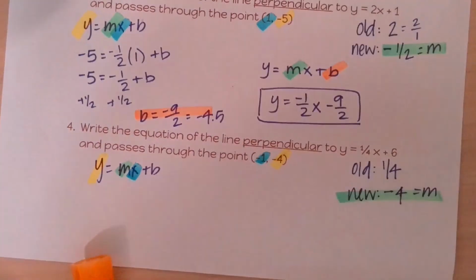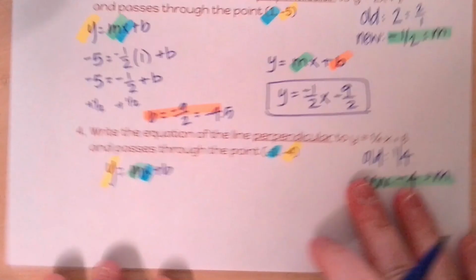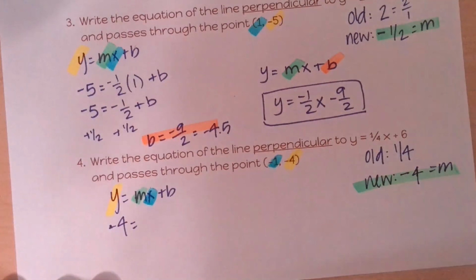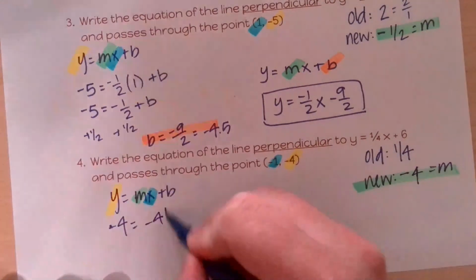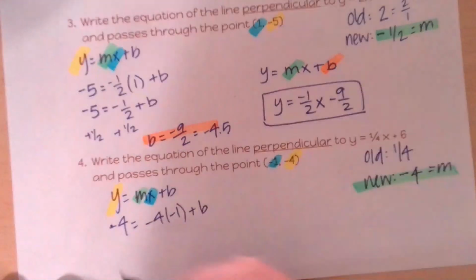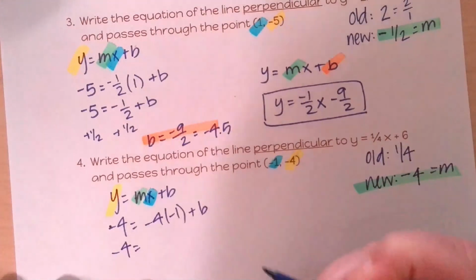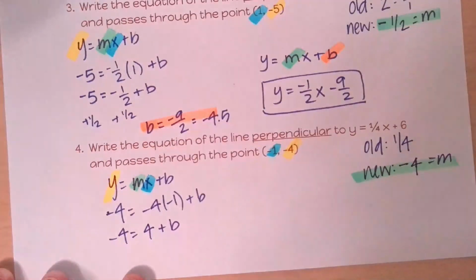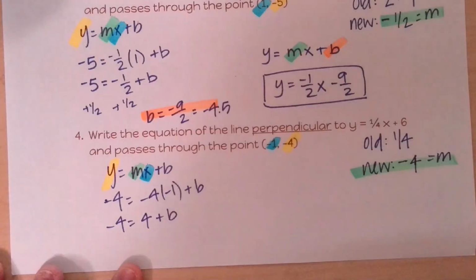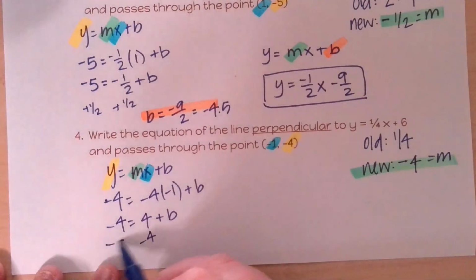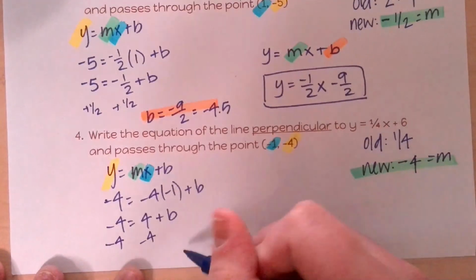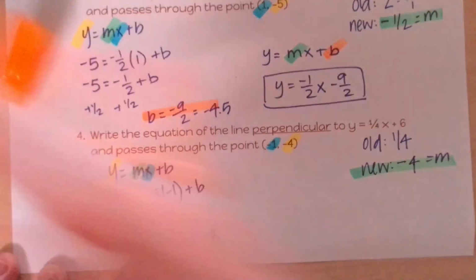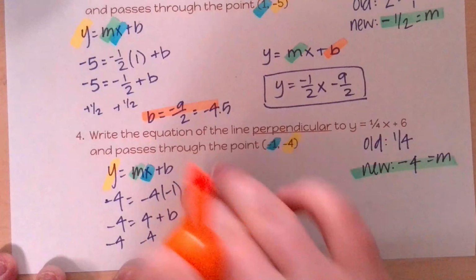All right, so when we substitute in, we have negative 4 equals negative 4 times negative 1 plus b. Negative 4 times negative 1 is positive 4, all right, plus b. Now, remember, we want to get b by itself, so subtract that 4 from both sides, and you get that b equals negative 8. All right, so that's our new y-intercept.